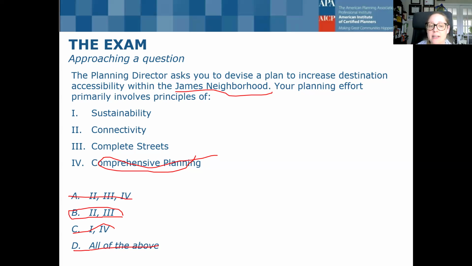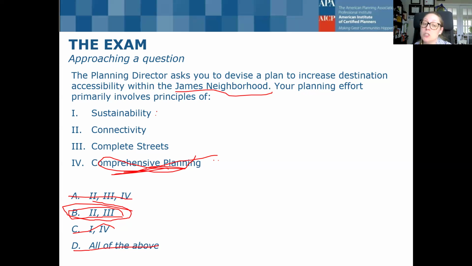Now, sustainability is on here, but because I already knew for sure that comp planning was not one of the choices, I don't even have to think about whether sustainability is or not, because my answer, the only one that's left that doesn't include the one that I know isn't the answer, is B. Even if I thought that sustainability would help with destination accessibility, I don't even have to worry about it, because I was already able to eliminate all of them because I knew for sure that comprehensive planning was not part of that process.